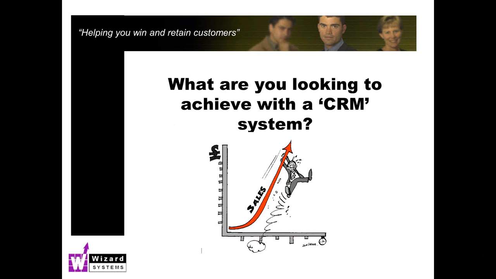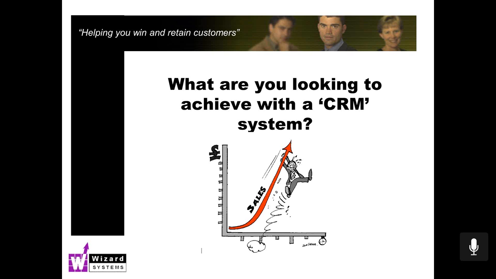We want to make sure that you get the most out of your investment. So the key thing when we're talking to you in more detail is, what's the objective? What are you looking to achieve with Workbooks and CRM? Are you replacing an old CRM system? Maybe you're just starting up a new business and you recognize you need a central system to manage your sales and marketing activities.